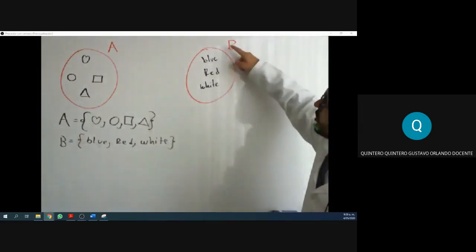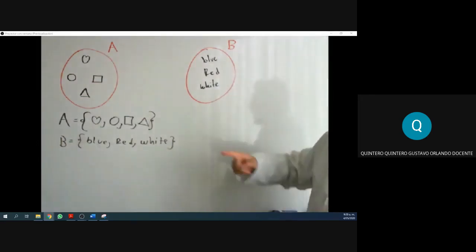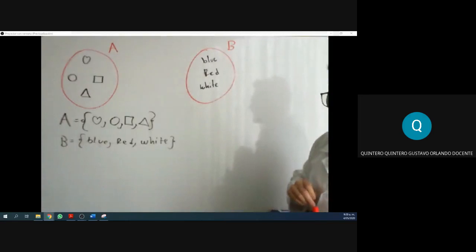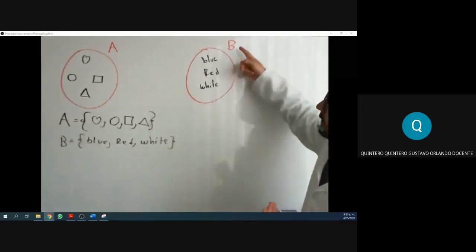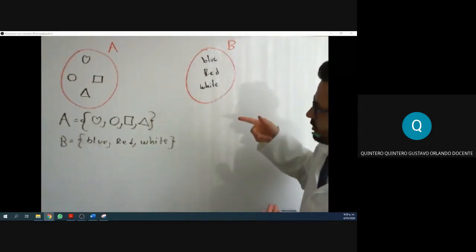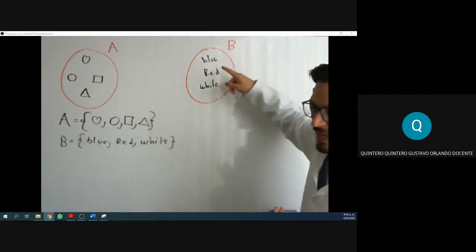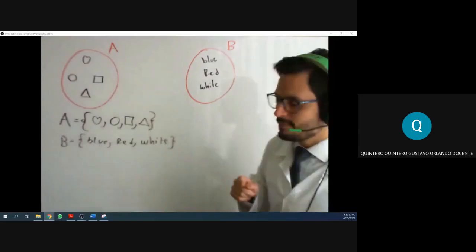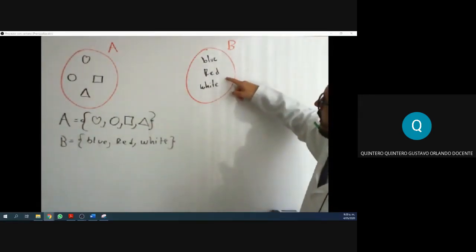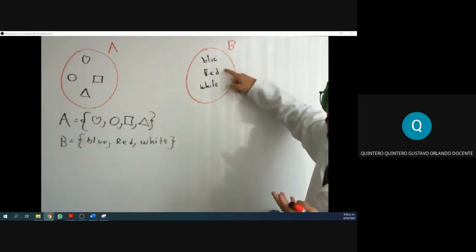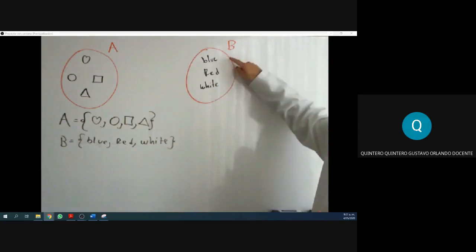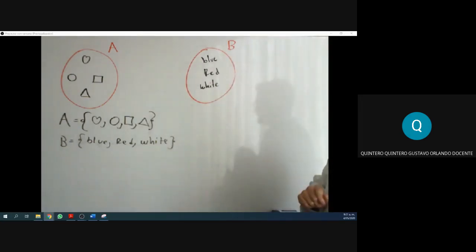And even though set B has colors, and set A does not have colors, saying that set B is the set of colors means set B has all the colors in it. And that is a mistake because here you don't have yellow, you don't have, I don't know, green, purple. You don't have a lot of colors. You just have 3 specific colors: blue, red, and white.